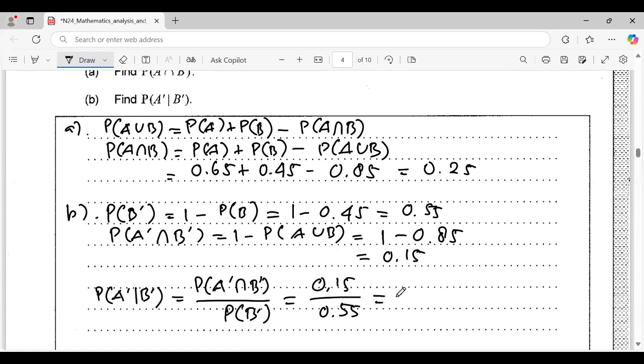If you calculate, the result is 0.27, or 27.27% in percentage.